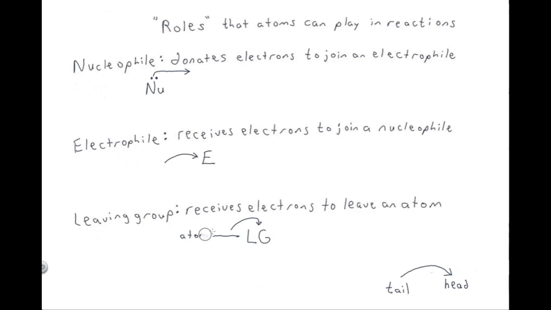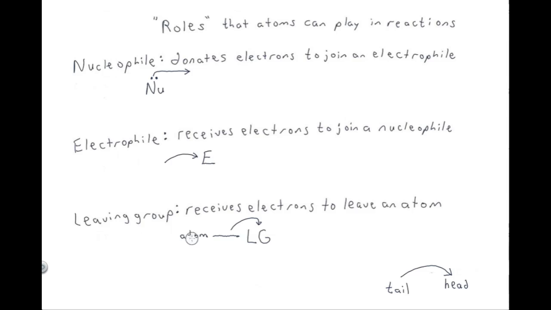So here's the atom that the leaving group is leaving. This electron-pushing arrow shows that we're going to break the bond between the leaving group and the atom that it is leaving. This is a good arrow because it shows that while it's leaving, the leaving group will be receiving the electrons from that bond.